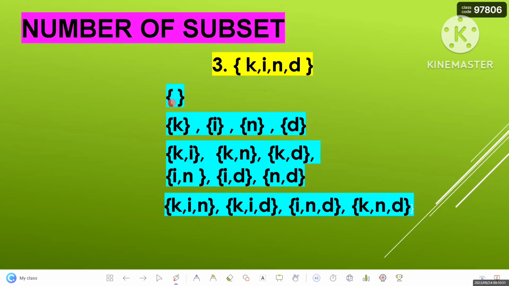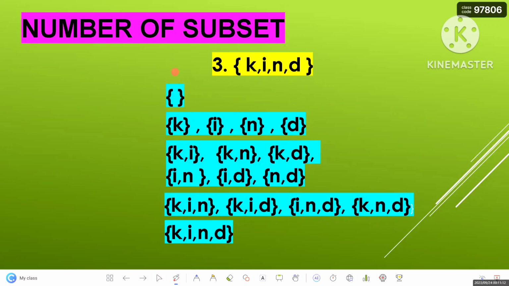So start tayo sa 1, ay sa empty set. Tapos single element. Tapos double elements and third elements. And the last is the fourth elements. We have 1, 2, 3, 4. So ito ang pinaka-last.